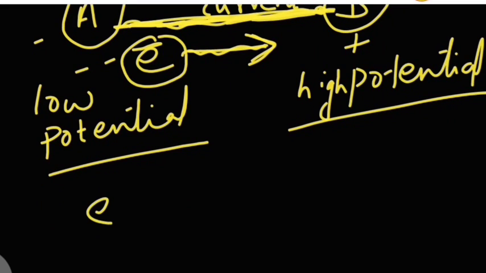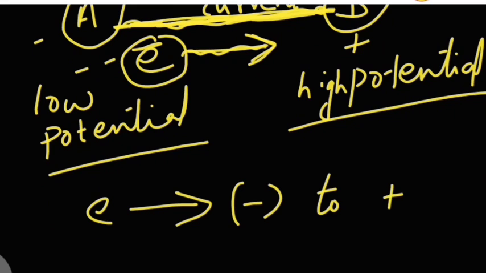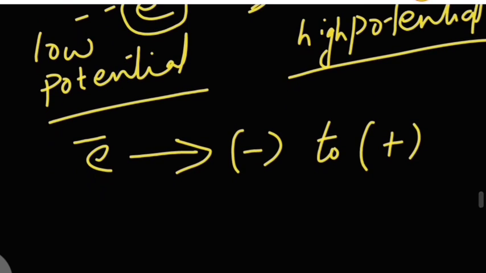So what to understand is electron will travel from negative to positive, the movement of electron. And we consider that electric current, that is I, will move from positive to negative.